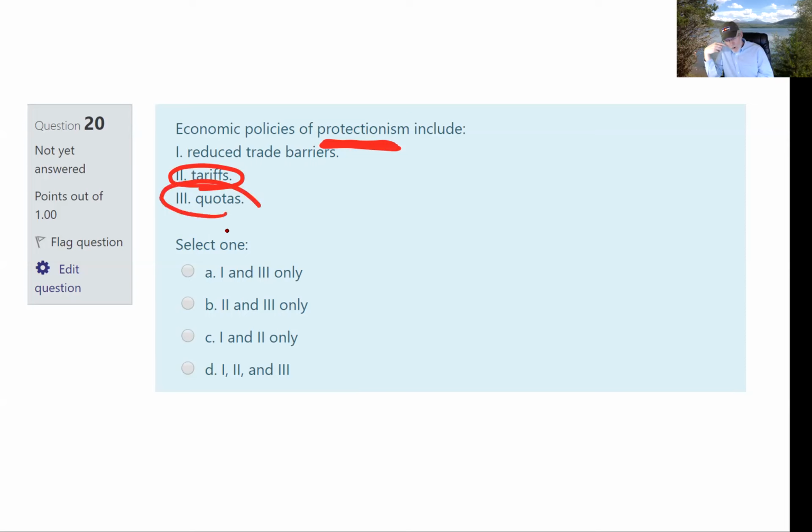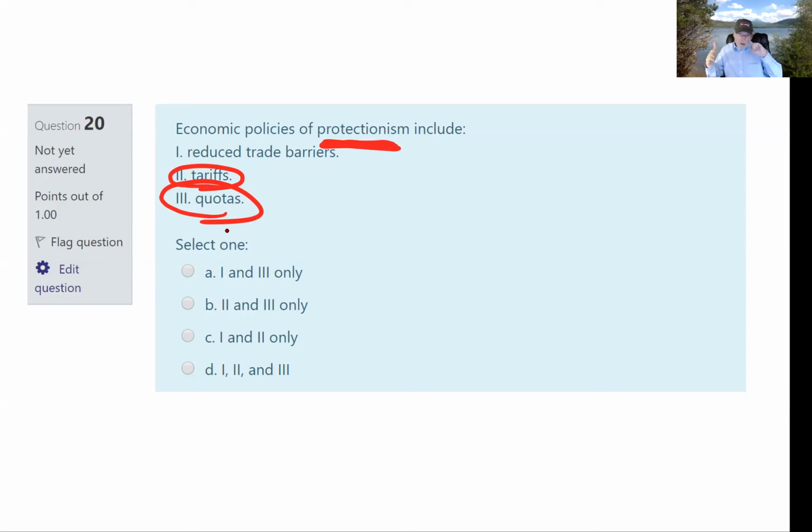Also, quotas. A quota is where the government says, okay, we're not going to impose a tariff. We will impose a quota. We'll let a certain quantity of, say, foreign cars come in, but we're going to limit it to 50,000 or 100,000. Okay? And that will provide protection to the American producers.